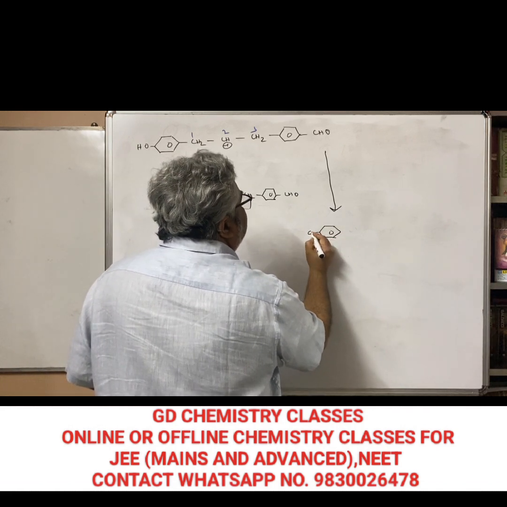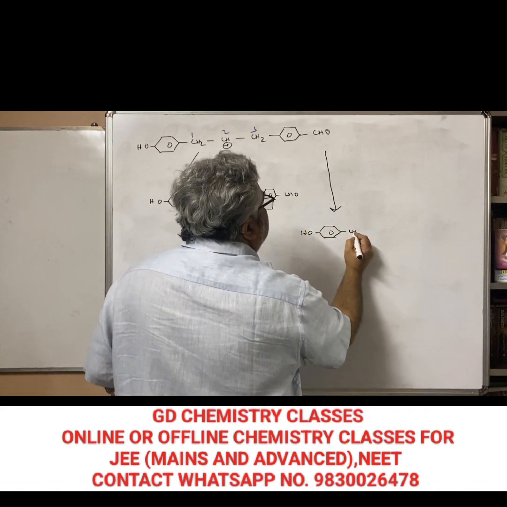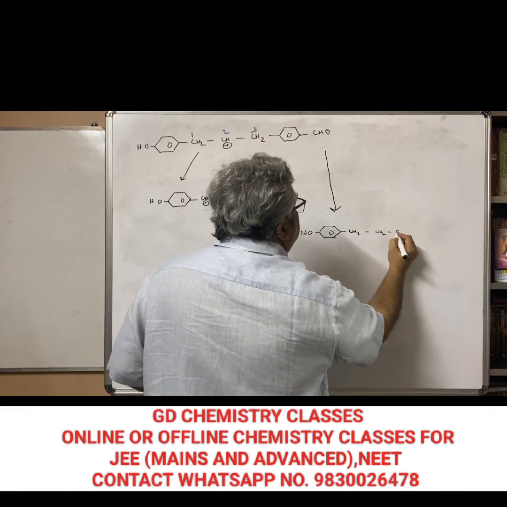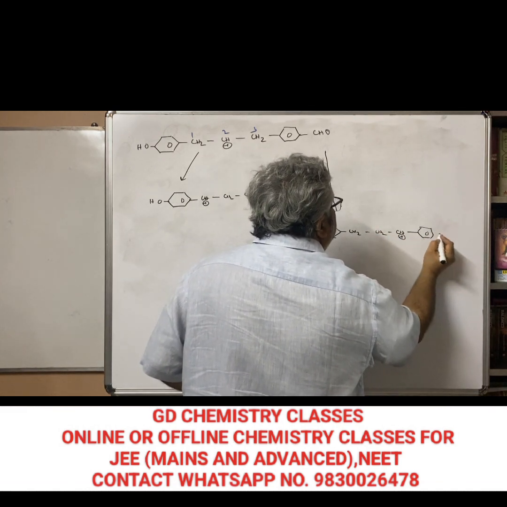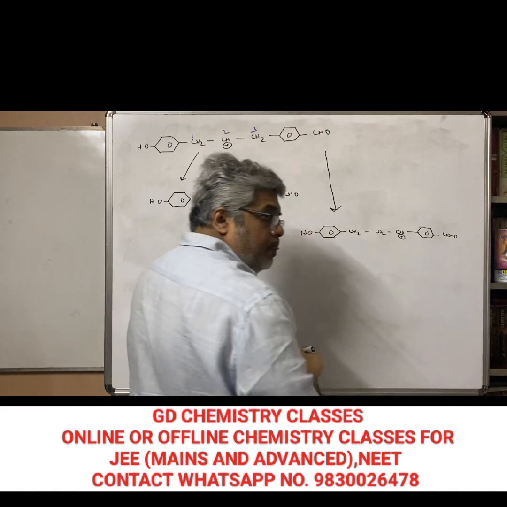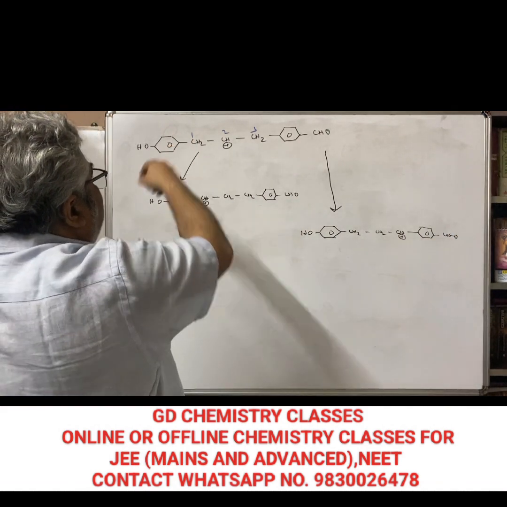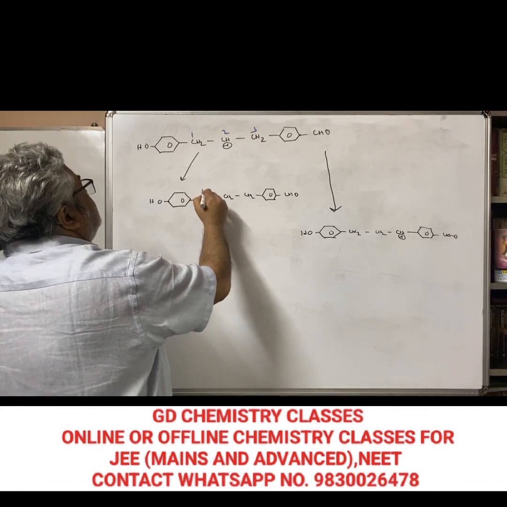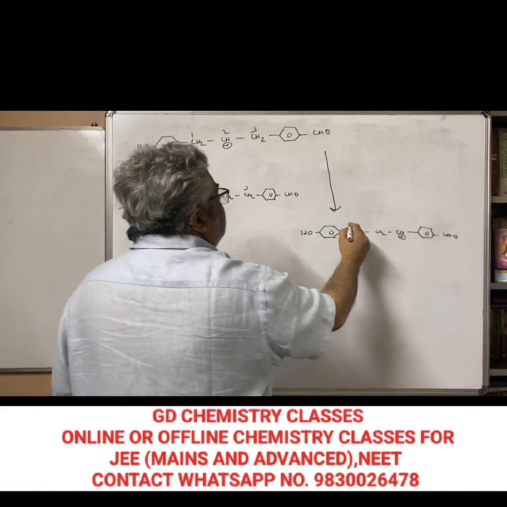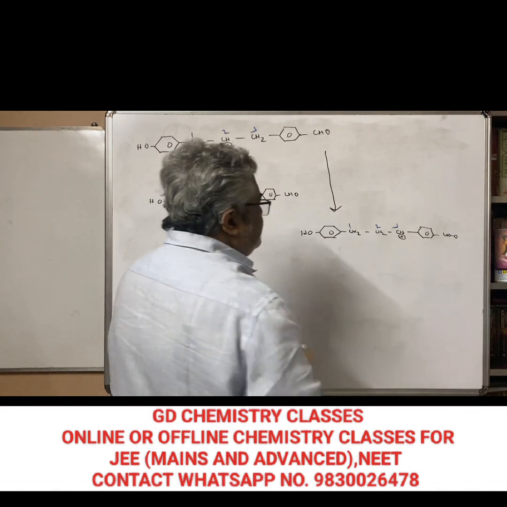This portion will remain intact as usual. This is becoming CH2, this will become CH plus. That means according to this diagram, this is 1, this is 2, this is 3, this is 1, this is 2, this is 3.